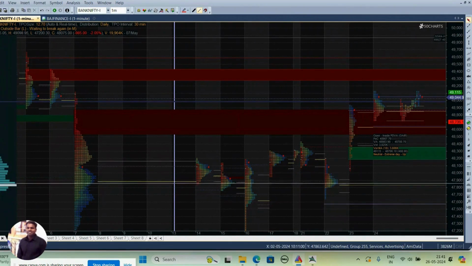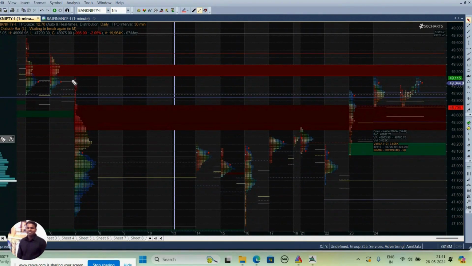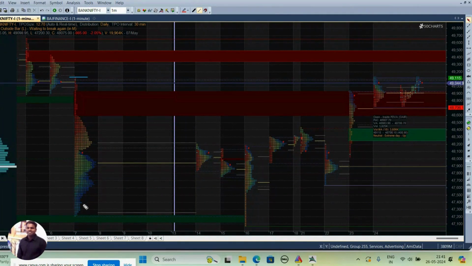The auction process happened in this range. From this only, we have to take the trade setup. So how will we take it from here? It will stop the price, right? Then what happens? It will go for the development stage. The center point is going for development.